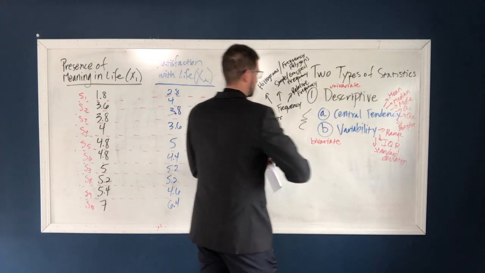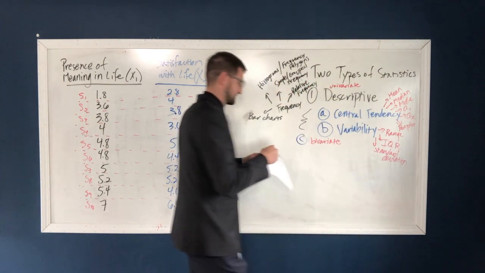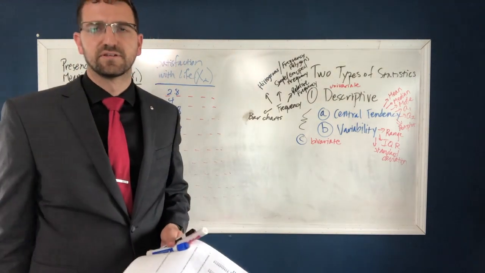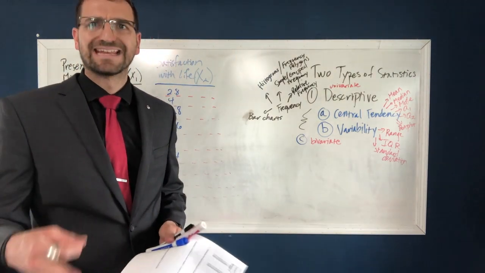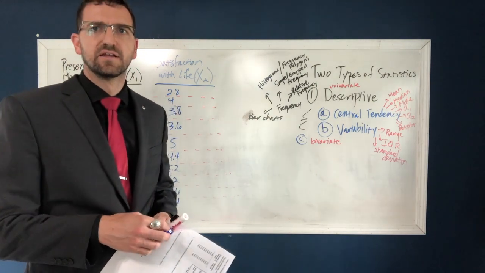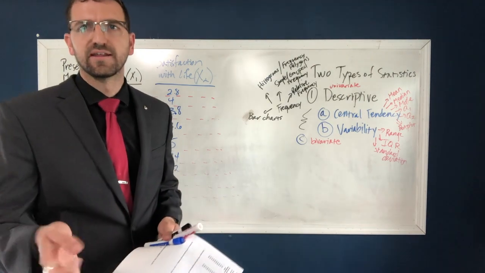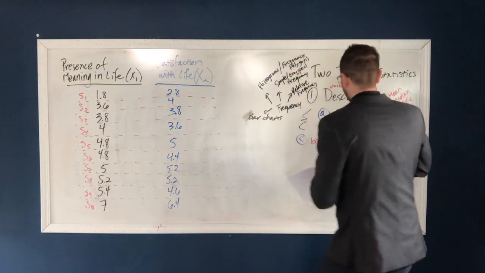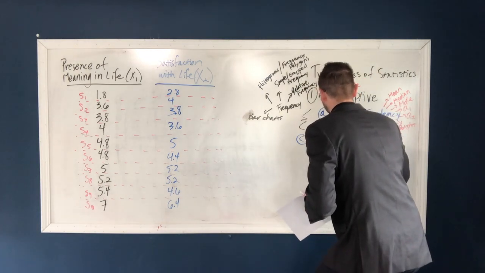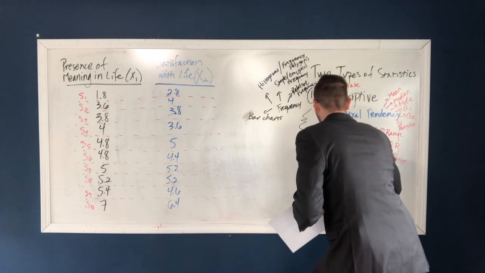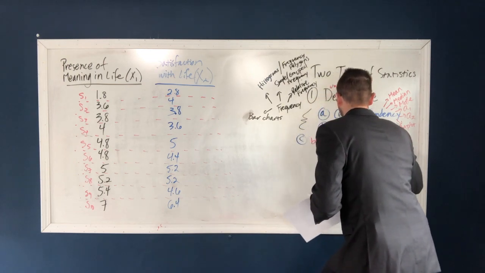If you remember, bivariate is correlation, right? So that's describing the relationship between two variables. Variate means variable, bi means two. So there we looked at correlation, we looked at regression.